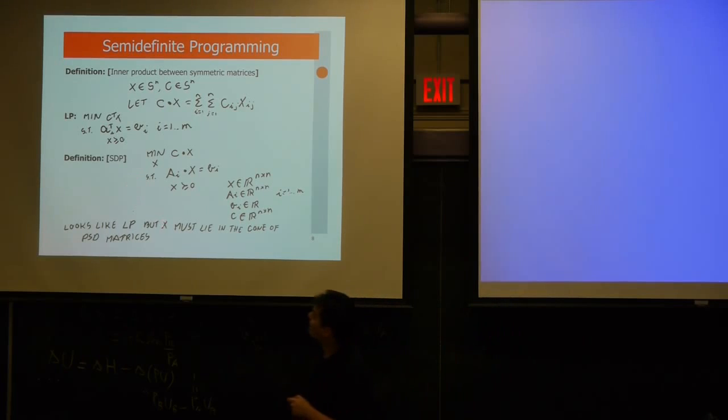And this was the primal form of semi-definite programming. We want to minimize the inner product between a symmetric matrix C and X, subject to M constraints that the inner product between X and matrix A_i is b_i, where b_i is a scalar and A_i is a matrix. And again, our constraint on the matrix is that X is positive semi-definite.